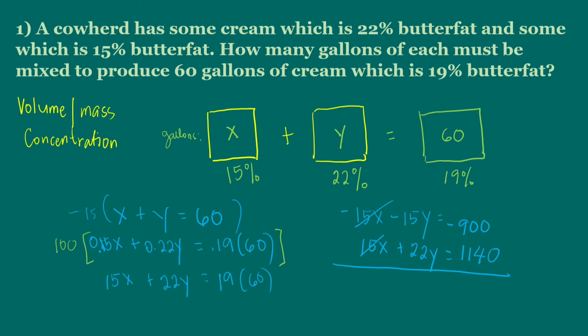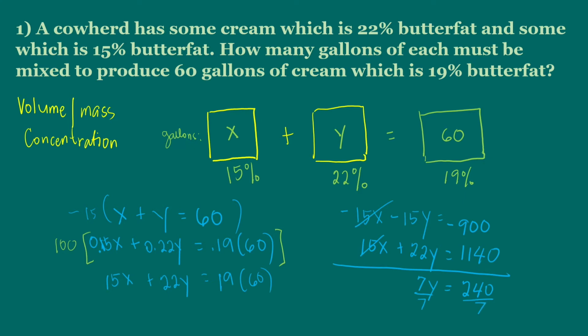That will give us 7y. And also, 1,140 and negative 900. So, that would be 240. Right? And then, 240 divided by 7 equals 34.29.